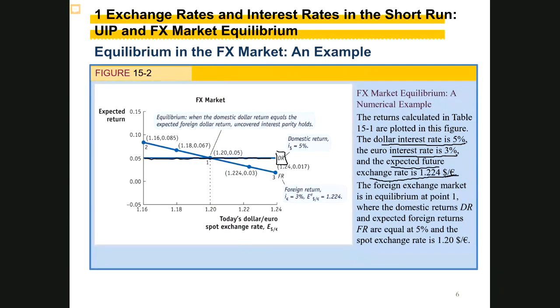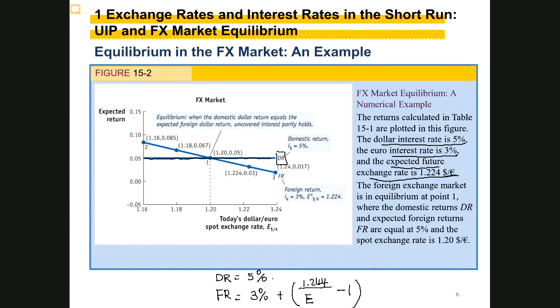So if you write out the equation, the domestic return is easy, right? And the foreign return will be 3% plus the expected future exchange rate in the numerator, divided by something I want to know, the endogenous variable, right?